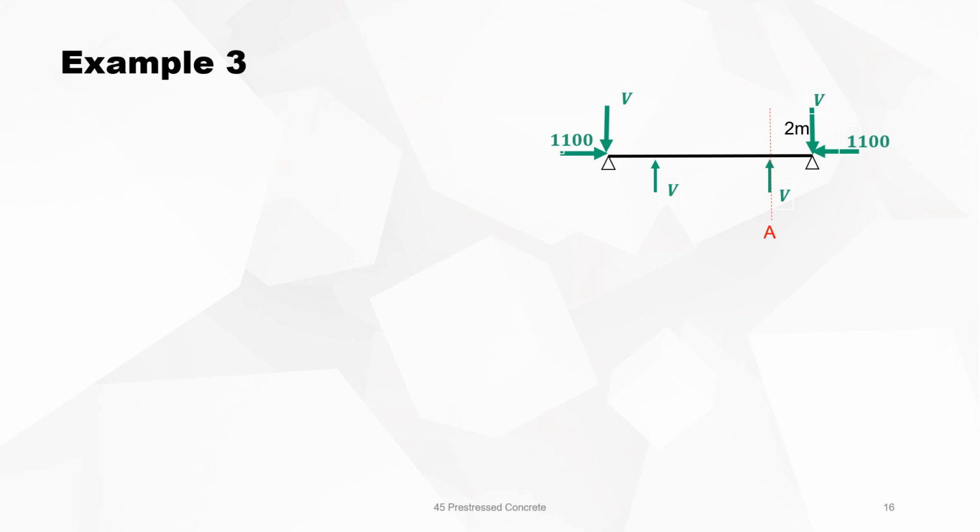But we still have now to express what is the value of V. We know they are equal, but what is this value? To do so, we look at the section A, and the bending moment at section A in the beam is, of course, P times the eccentricity, E. P is the pre-stressing force, and it is also, these are 2 meters, so it is also the force V times 2 meters.